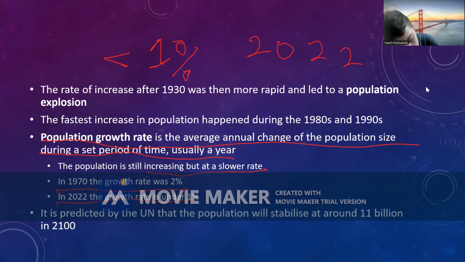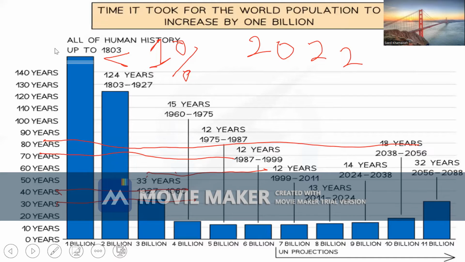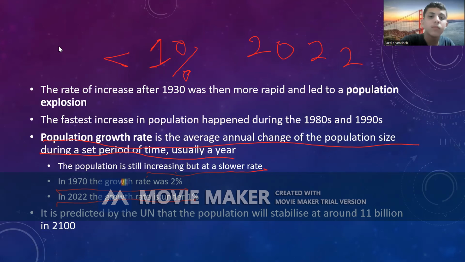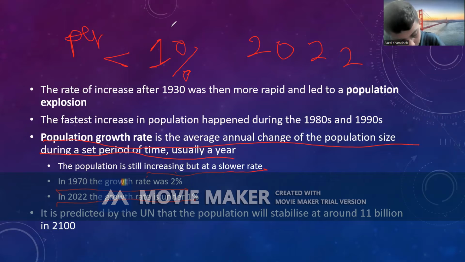Now, the period of time that had the fastest increase of population was between the 1980s and 1990s.